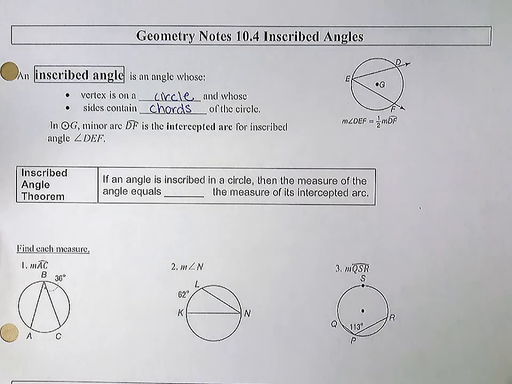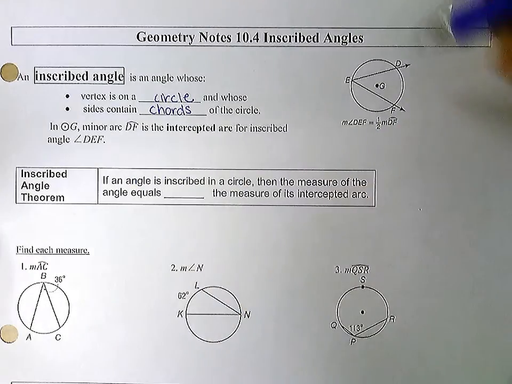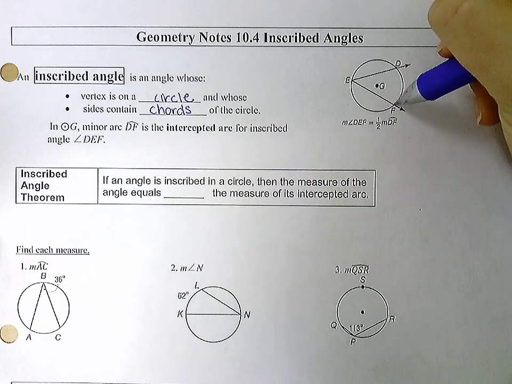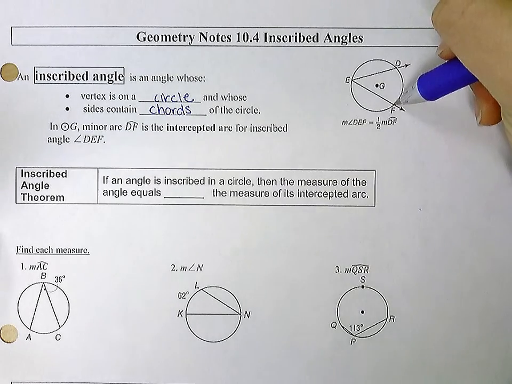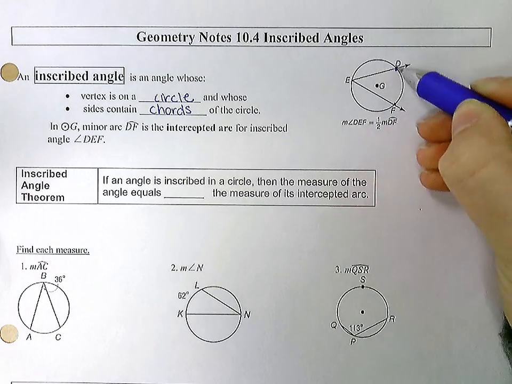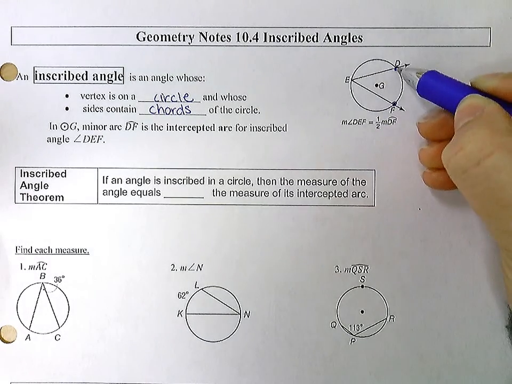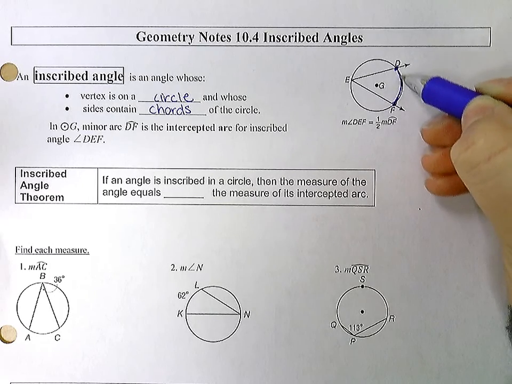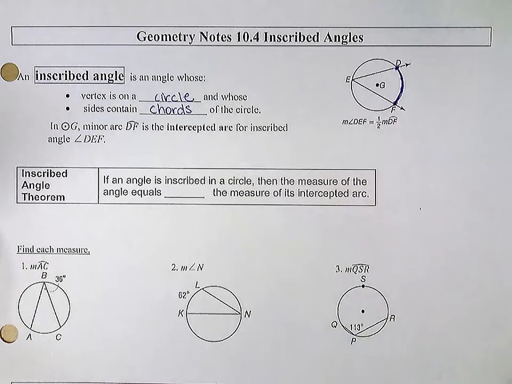So in circle G, minor arc DF is an intercepted arc. That means this inscribed angle intercepts that arc at points D and F. So that's your intercepted arc.